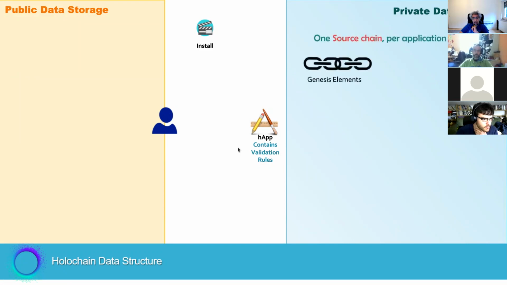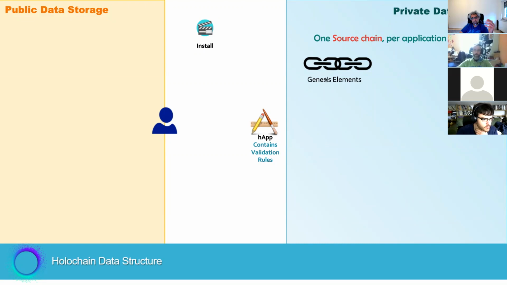So when you install one application, Holochain immediately gives you one source chain per application, with 4 elements as genesis elements. It is totally private on your private data storage, and it is your whole data.